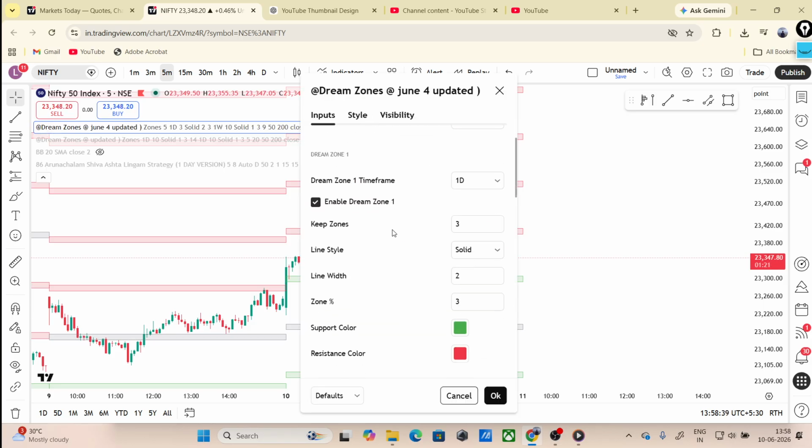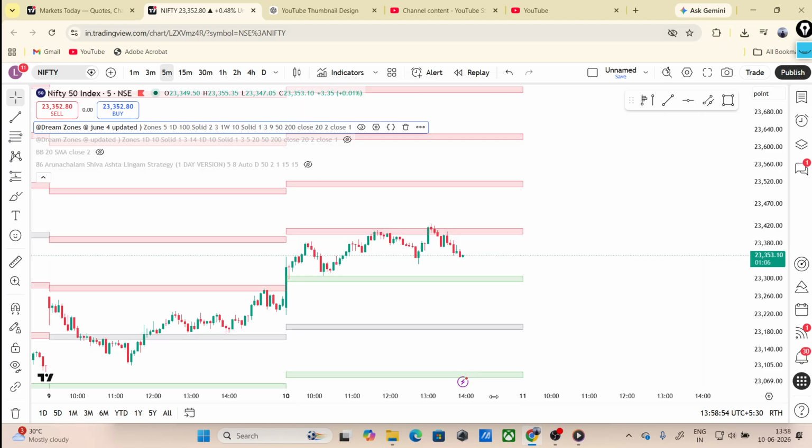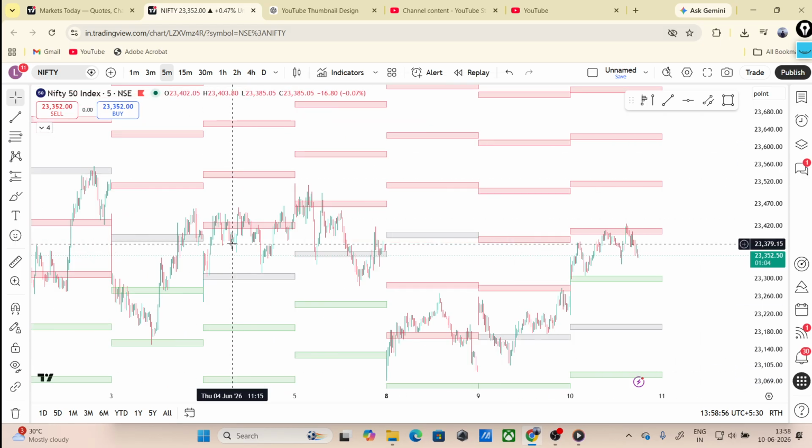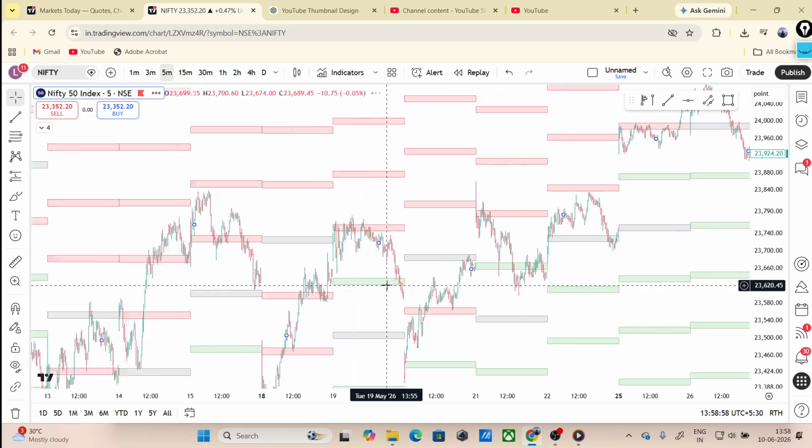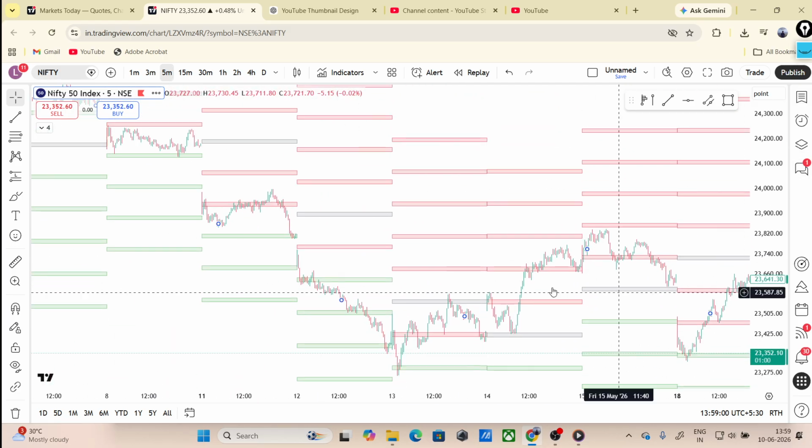Next setting is keep zones. It means you can backtest up to 100 or 150 days of zones. If the input is given as 100, it will show the previous 100 days or 150 days.